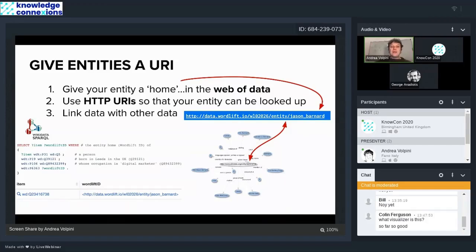So then we can query this entity also from the Wikidata SPARQL endpoint. So we can start combining our data with publicly available data, and then we create these large graphs that we can use for different things. And that's exactly what we're going to do in order to create the long tail pages that we want to build for capturing new intents.